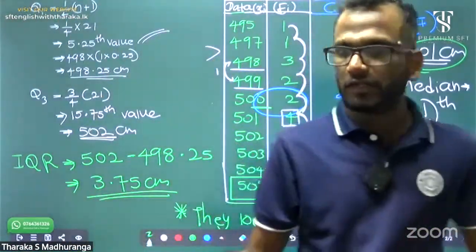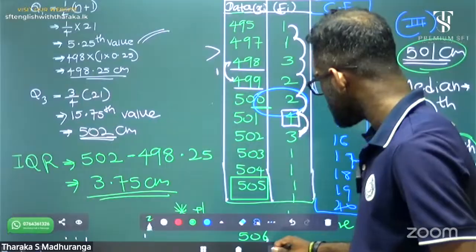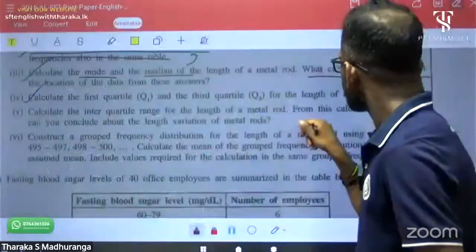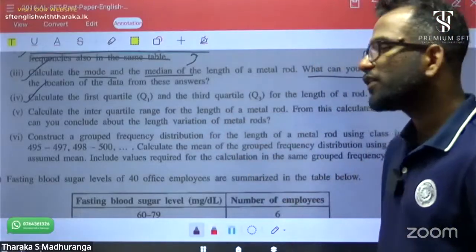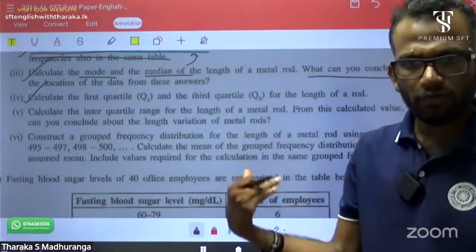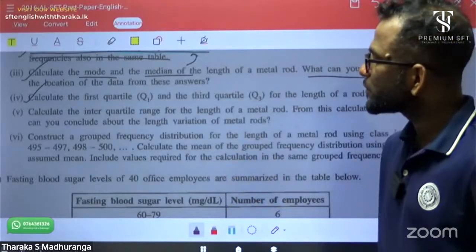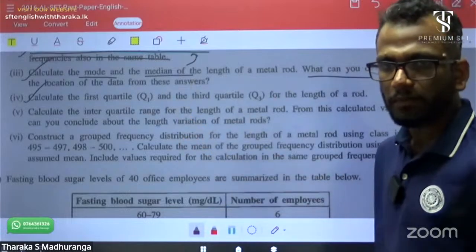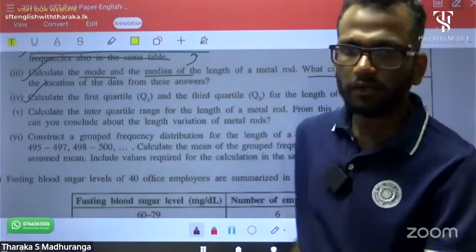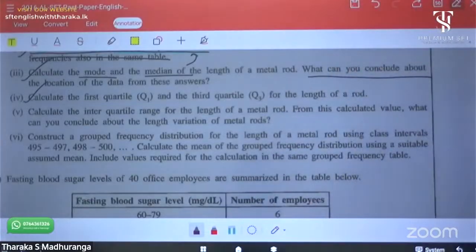Okay, the second part of the same question asks, from this calculated value, what you can conclude about the length variation of the metal rod. I need an answer from all. What you can conclude, I already explained in the previous class. What can you understand about the length distribution by this interquartile range? Quickly.